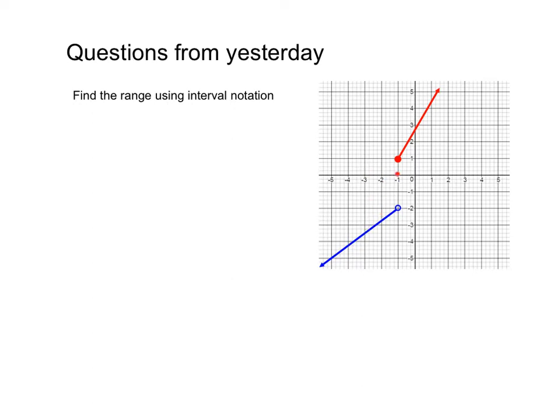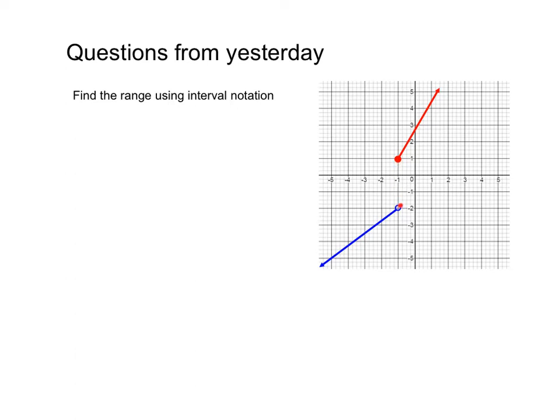At -1, something interesting happens: that's when we switch from the blue line to the red line up here at the x value of -1. So everything prior to that is clearly defined by the blue line, but is -1 defined? Well, yeah, because I can look above, and since there's a filled in dot on the red, we have a function defined at -1.